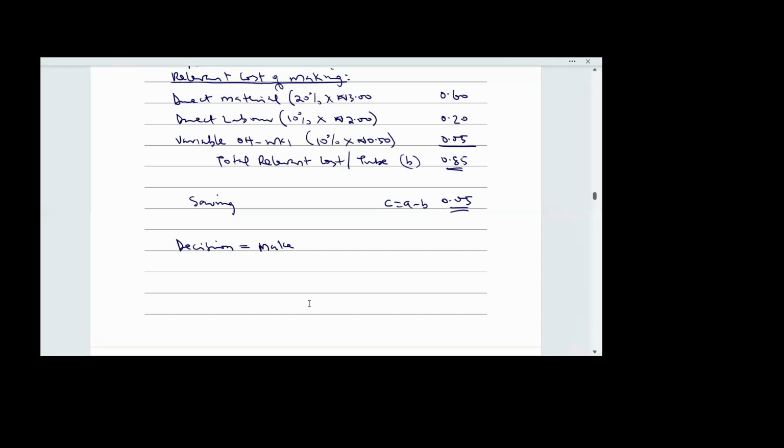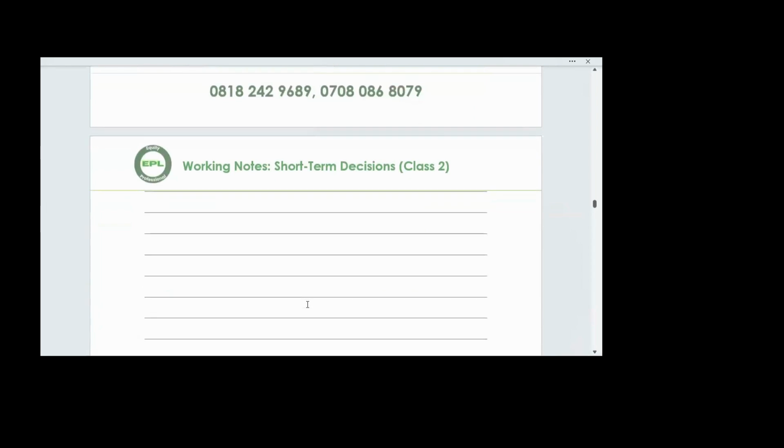Therefore, I would say number B, number 2, the maximum purchase price acceptable to Shangoto Edo Nigeria Limited is 85 kobo per tube.